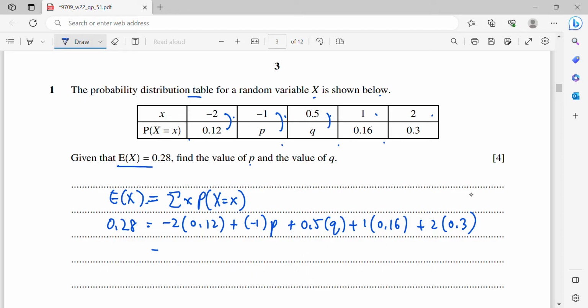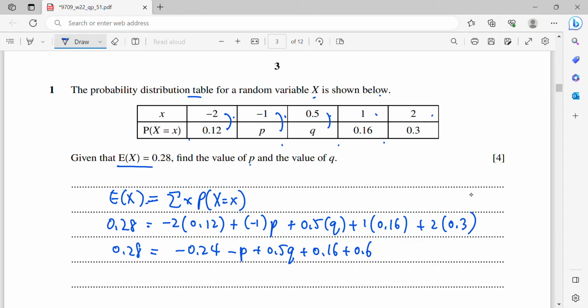Okay, so when you simplify, the right hand side will be -0.24 minus P plus 0.5Q plus 0.16 plus 0.6. Okay, so from here I can get one equation whereby the P and Q are on one side and the numbers on the other side.